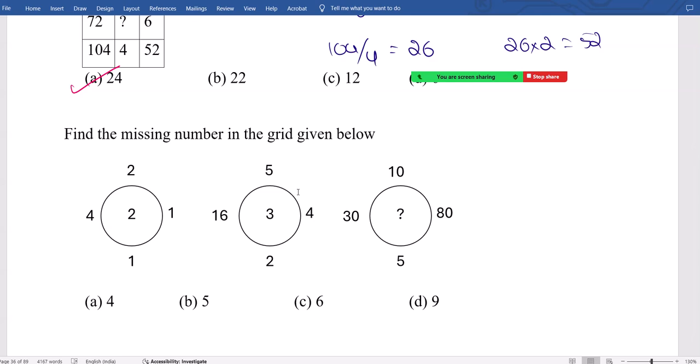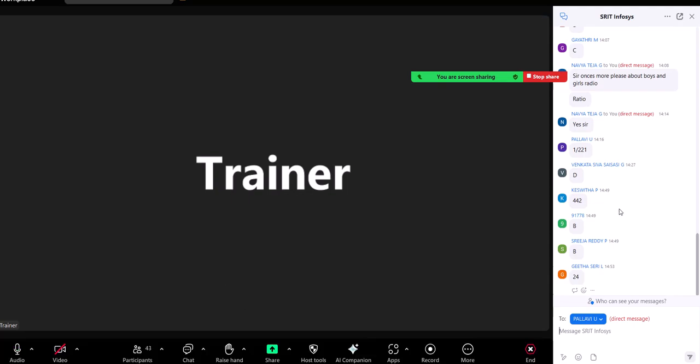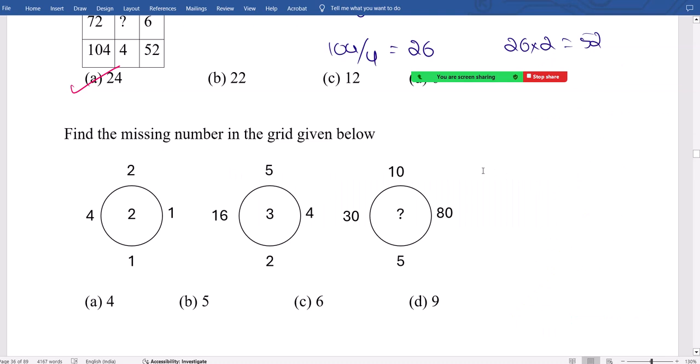Here 16, 5, 4, 2, middle is 3. Right. What's the answer? Sum of all outside values is nothing but 8. Here, sum of outside values is 27.